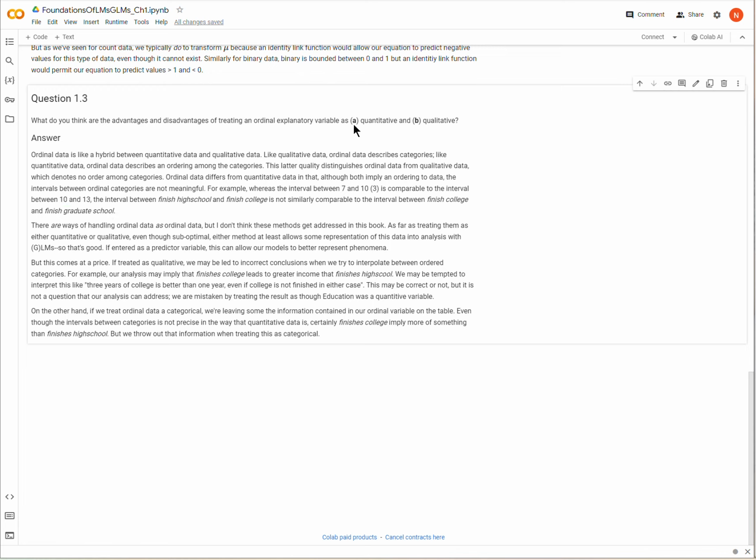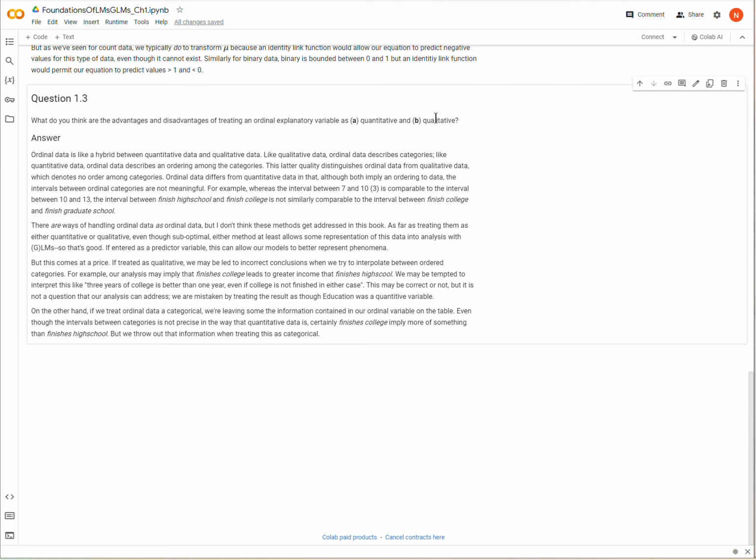So that's why ordinal data, even though it's ordered, is not quantitative in the way that numbers are. Now, ordinal data is also kind of like qualitative data, because our data is in categories. It's just that our categories in ordinal data are ordered in some way, whereas in qualitative data it might be something like eye color, so brown eyes, blue eyes, whatever.